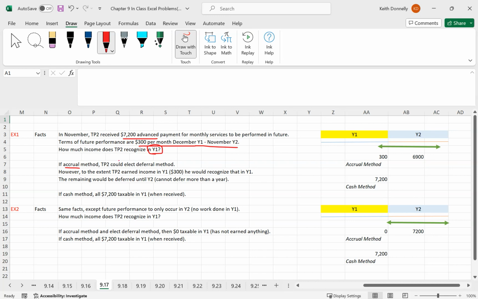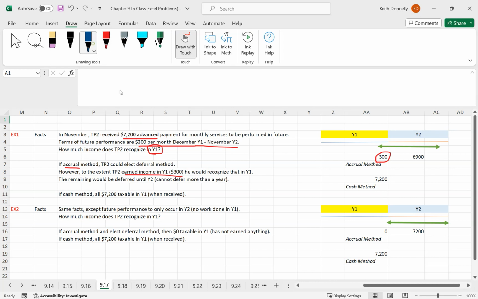So what's going on here? As an accrual method taxpayer, they can elect deferral. However, to the extent they earned it in year one, the $300, they have to include that in year one. So we got 7,200, 300 we have to include in year one because we earned that. The remaining 6,900 we can defer into next year.